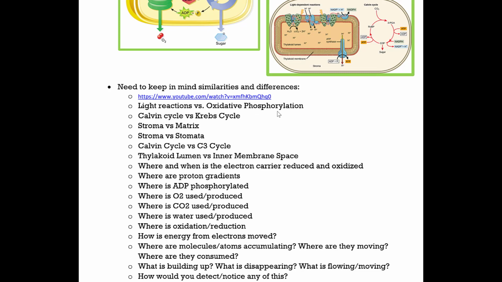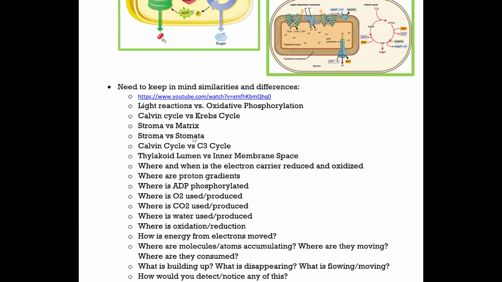And oxidative phosphorylation takes place in the inner membrane of the mitochondria. The Calvin cycle occurs in the stroma of the chloroplast. The Krebs cycle takes place in the matrix of the mitochondria. The stroma is the cytoplasm of a chloroplast, and the matrix is the cytoplasm of a mitochondria.